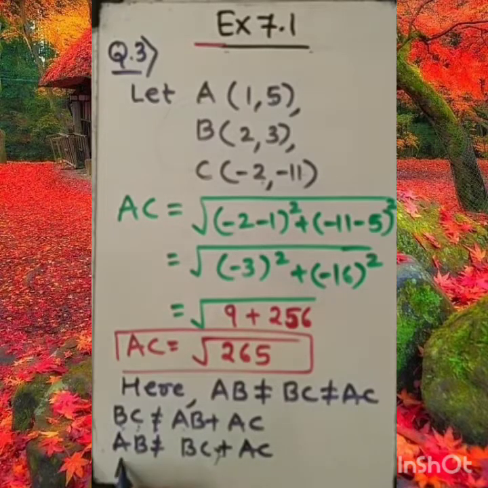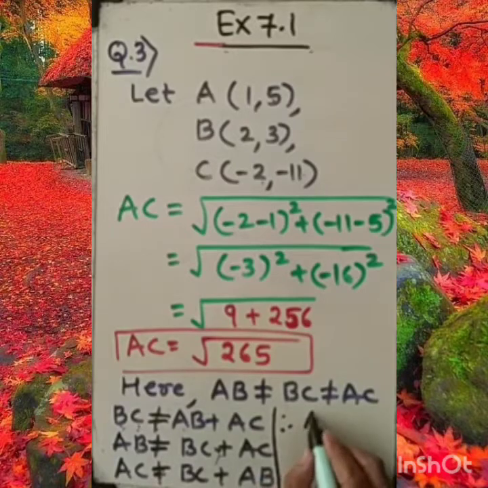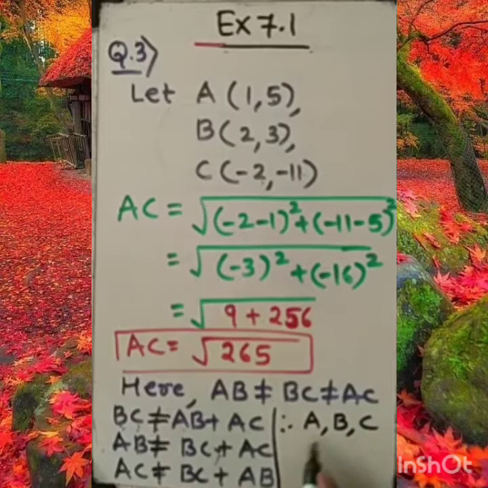Same way, if I am choosing AC, then it doesn't equal the sum of these two sides. Therefore, the final answer I need to mention here: all of them are not equal, so these three points A, B, C are not collinear.